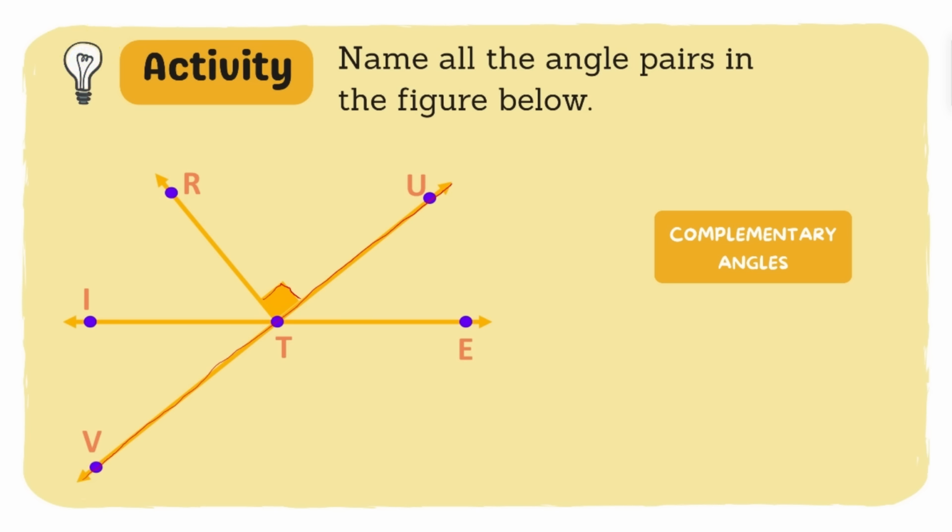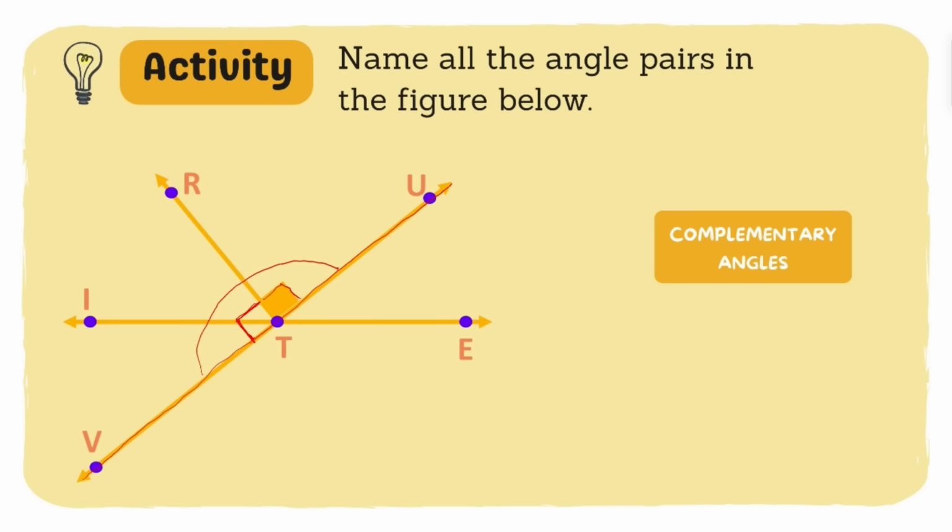Kung 90 degrees ito at ang straight line natin ay 180 degrees, therefore, yung half nito is also 90 degrees. Therefore, we can say that this angle RTV is also 90 degrees.